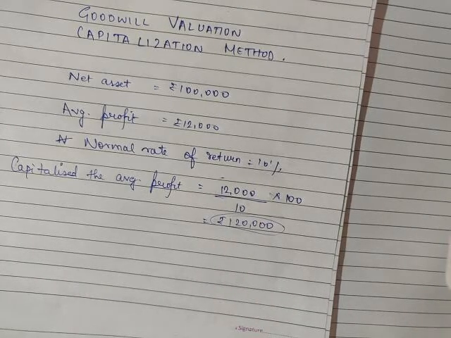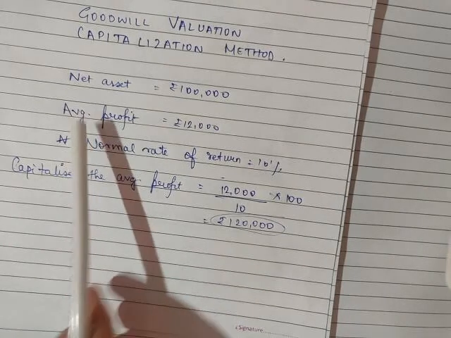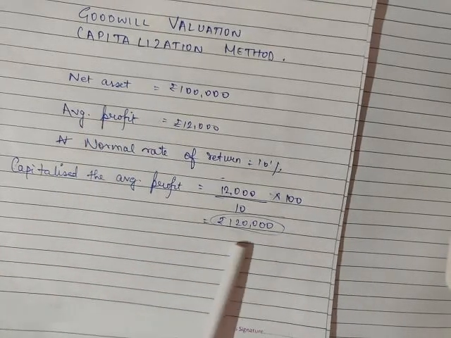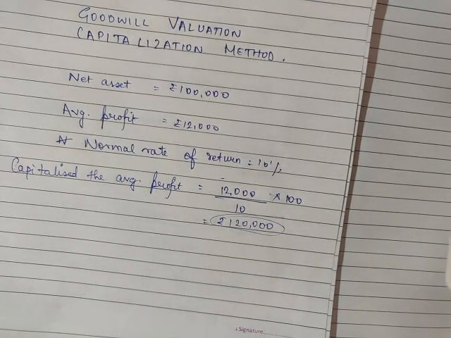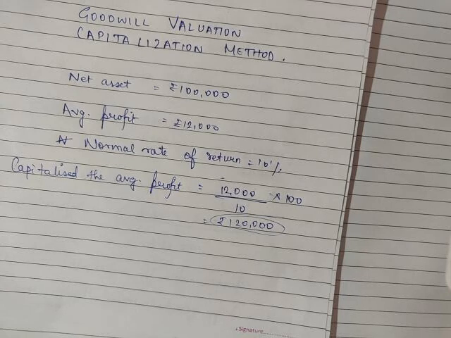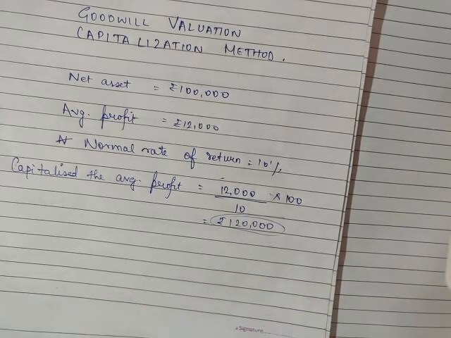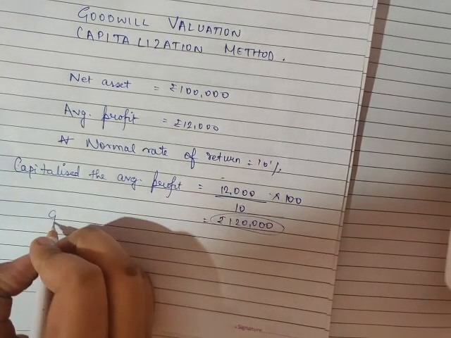But we see that actually the capital employed is 1 lakh rupees and not 1,20,000 rupees. So, in a way, we have earned more profit than the normal industry average. So, this difference of 20,000 is the goodwill.